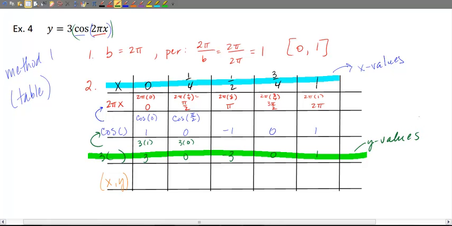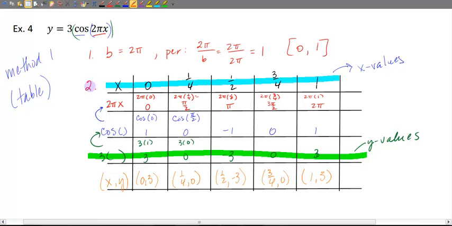And because I have both x values and y values, I can write them as an ordered pair. So this ordered pair would be 0, 3. The second ordered pair, 1/4 and 0. 1/2, -3. 3/4, 0. And 1, and that's not 1 down there. That should be a 3, shouldn't it? So this should be 1, 3.